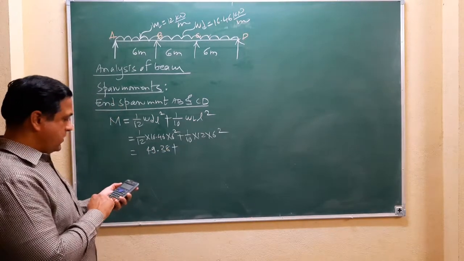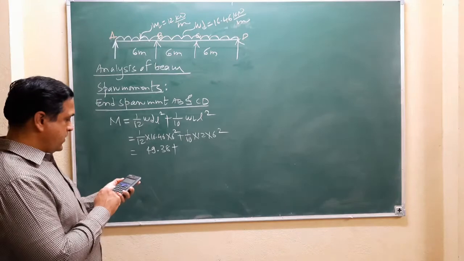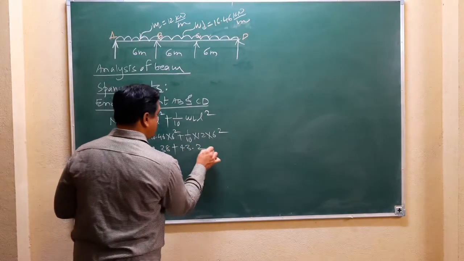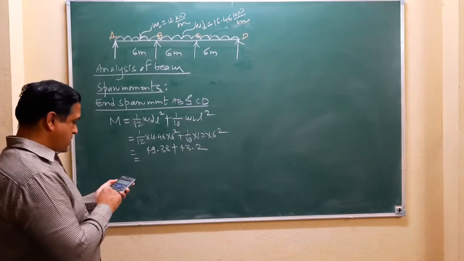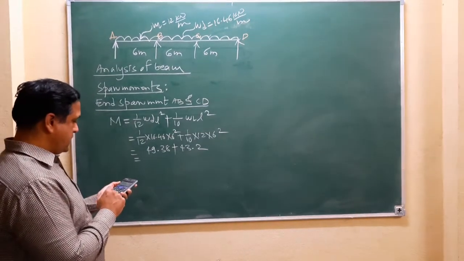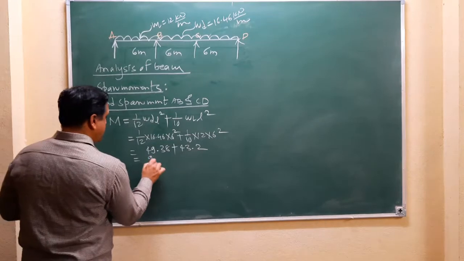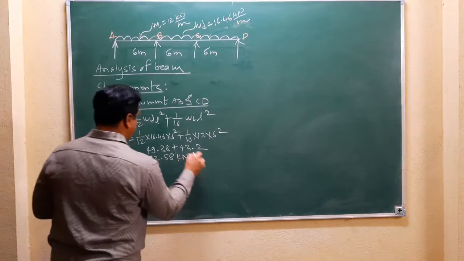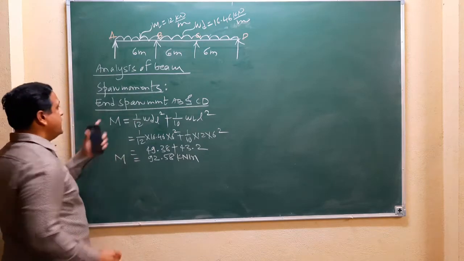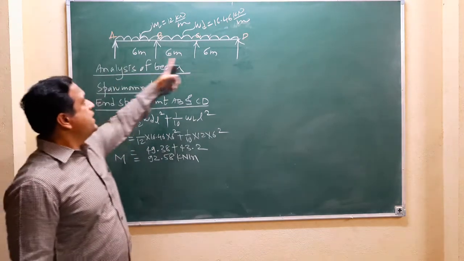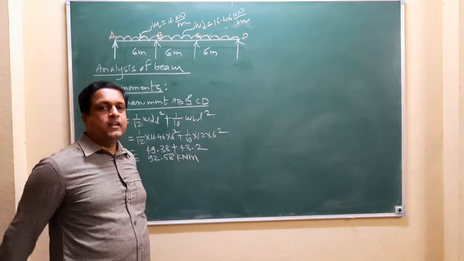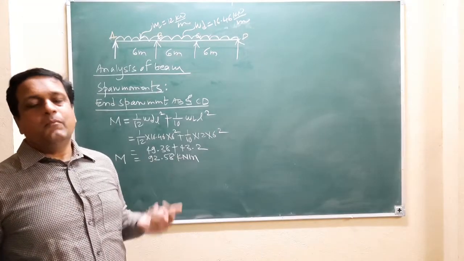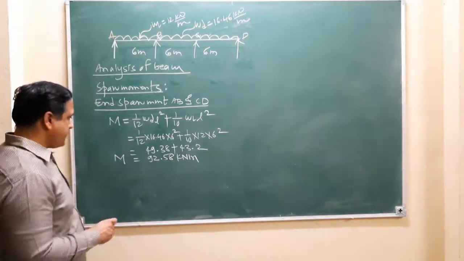Then 1 by 10 into 12 into 36 is 43.2. If you add both of these, 49.38 and 43.2, this is 92.58 kilonewton meter. So this is the bending moment at end span AB and CD, because both are end spans, the loading is the same, and the span is the same.